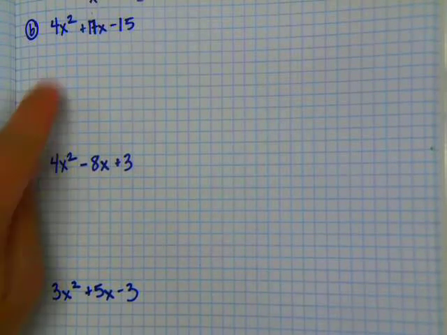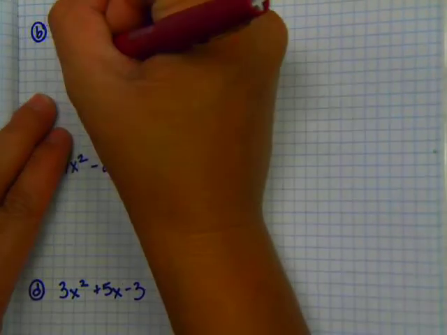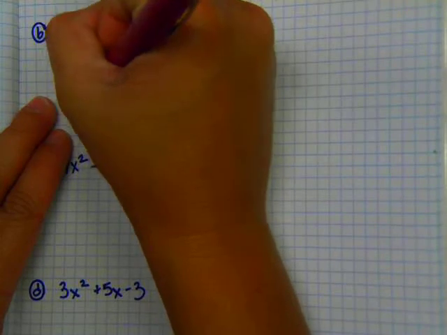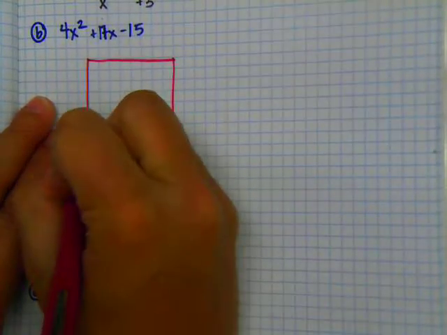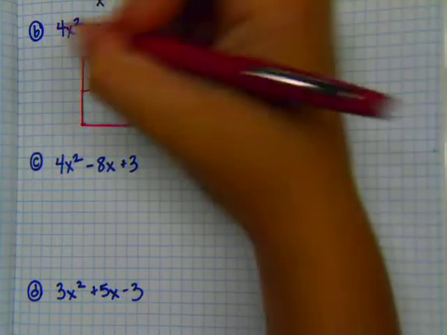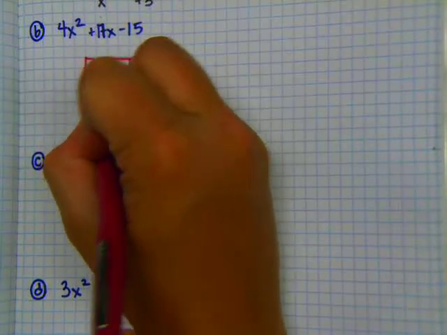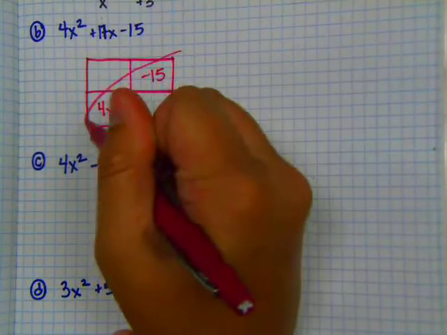So we'll start with 4x squared plus 17x minus 15. I'm going to start by drawing my area model. We put our first and last terms inside, and we multiply.